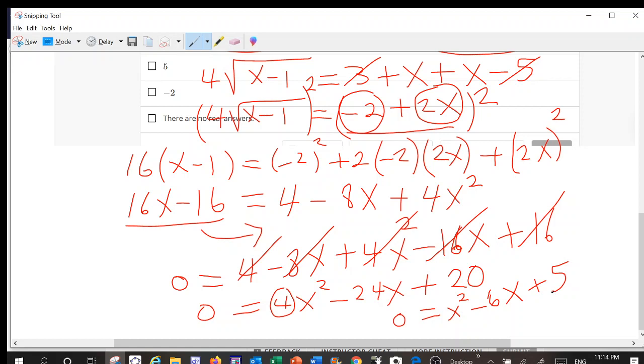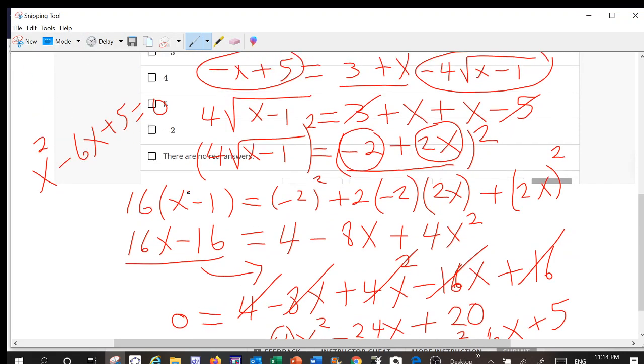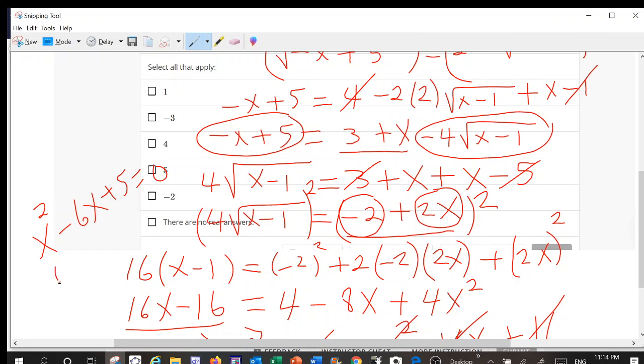Now, let's write it over here. x squared minus 6x plus 5 equals 0. All right, can we solve that? Yes, we could just factor it, right? We can say this is just x what? This is x minus 5 and x minus 1. Let me change that.